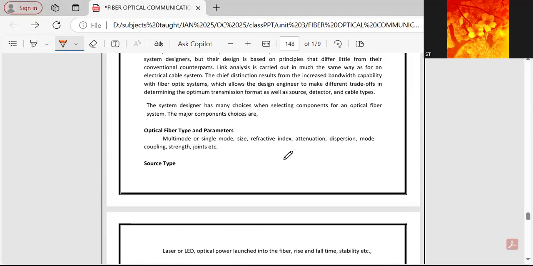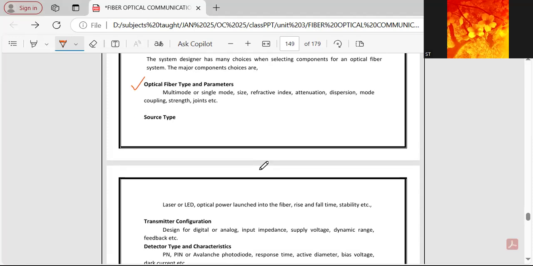Types mean single mode or multi-mode. Parameters include refractive index, attenuation, dispersion, and what are the different connectors we are going to use, what are the different joints, what is the strength of joint. All these parameters must be considered, and all these are included under the optical fiber type and parameters.